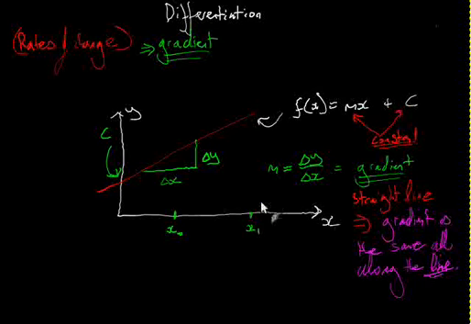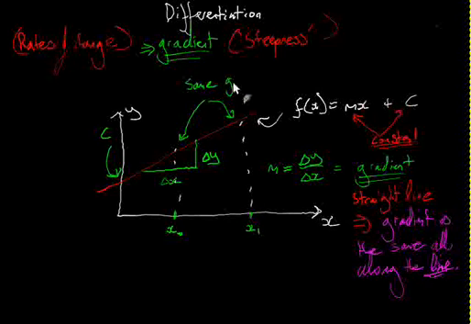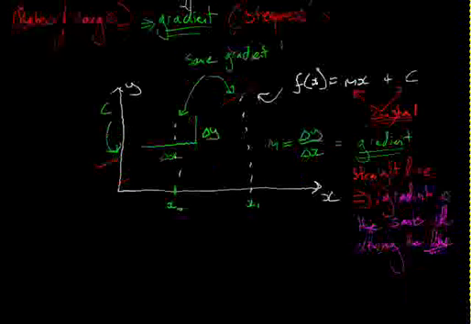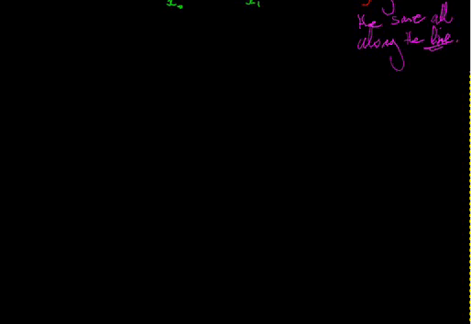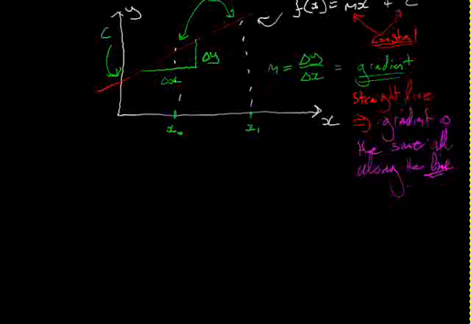So what we mean by that is if we were to pick any x along the x-axis, so we'll call this one x0, then the gradient here would be the same as, if we look at another point x1, the gradient here. And a more colloquial word we would use for gradient would be steepness. So the steepness we can see is the same here as it is here. So we'll say same gradient.